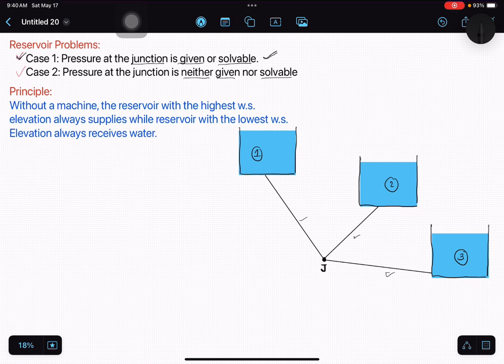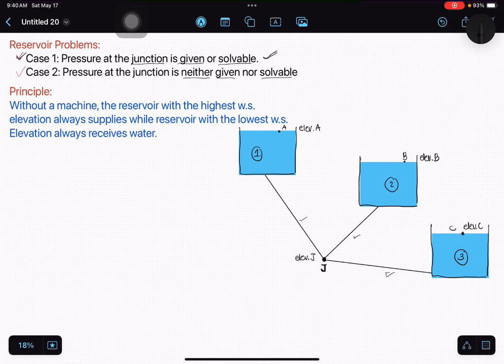So, let's say ang elevation ng water surface natin dito is A. Kuha tayo ng point at the surface. So, elevation A. Dito naman, elevation B. And then, we have elevation C. And of course, etong junction, meron din siyang certain elevation. So, tawagin nating elevation J.